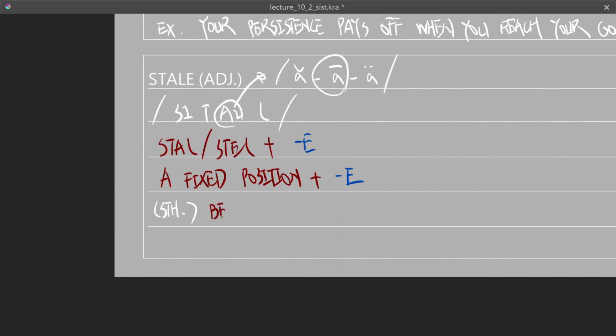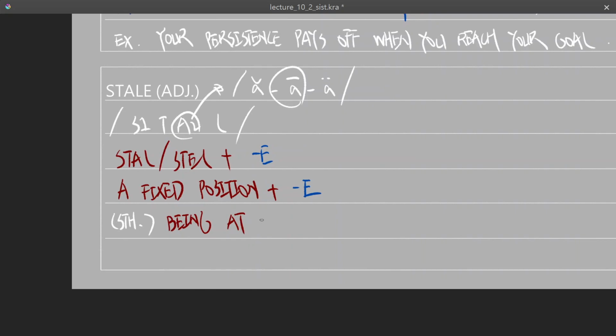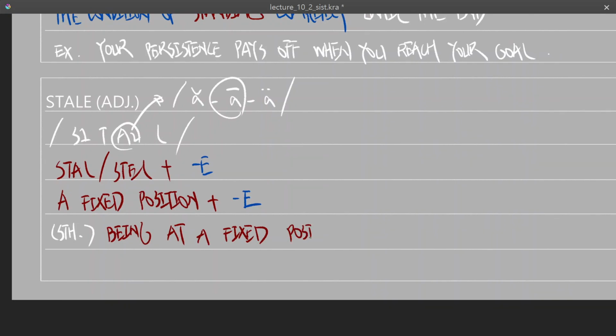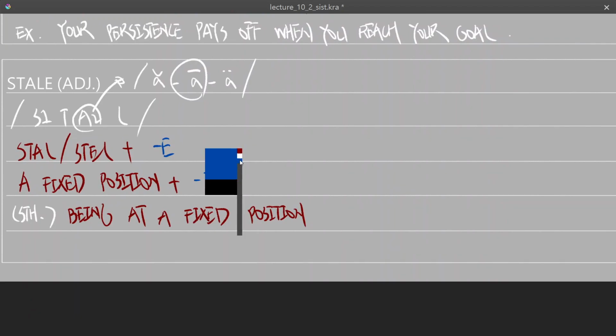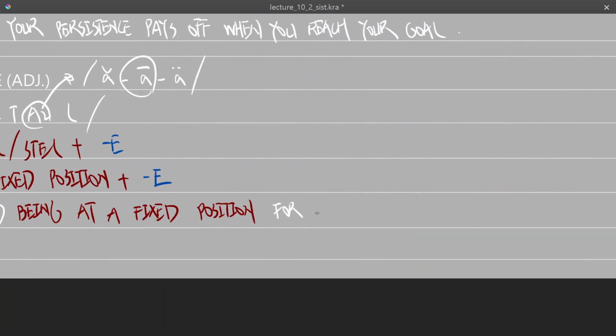Something being at a fixed position for a long time.